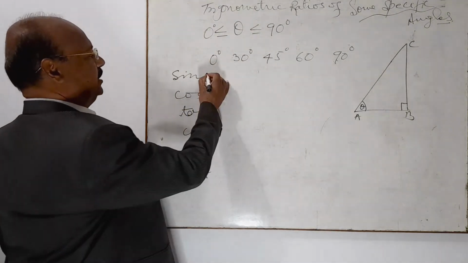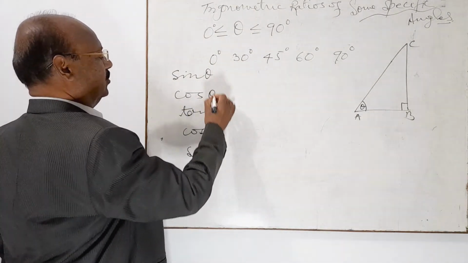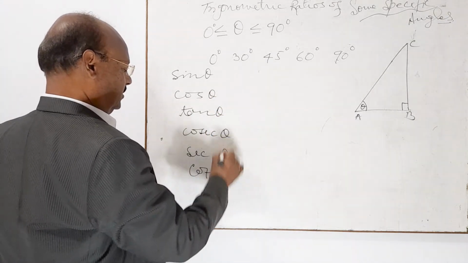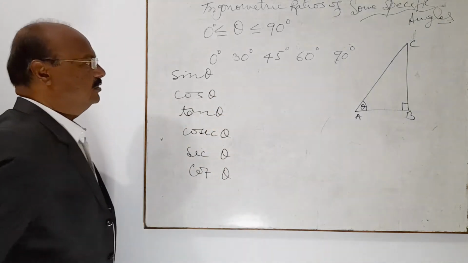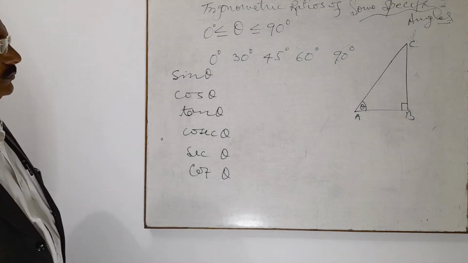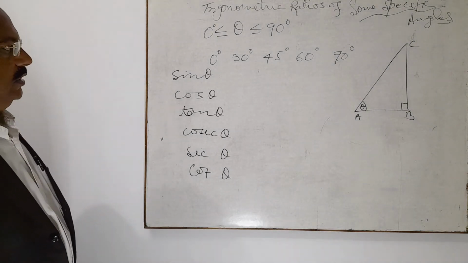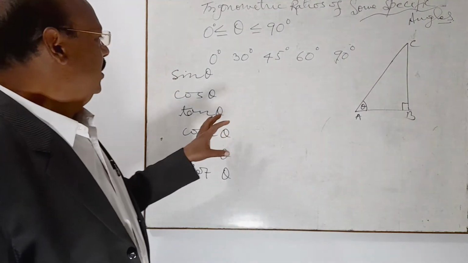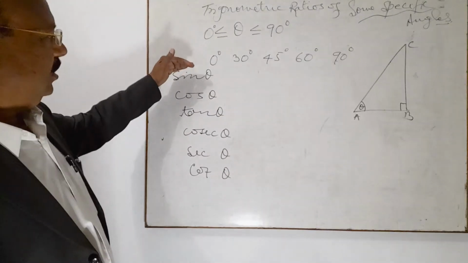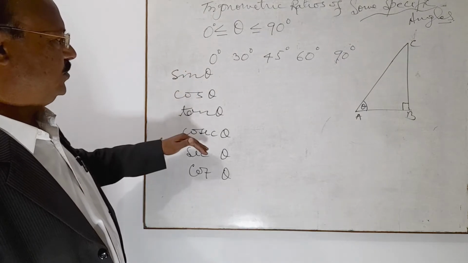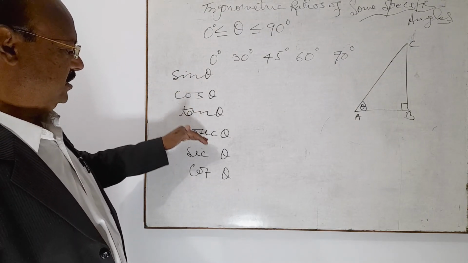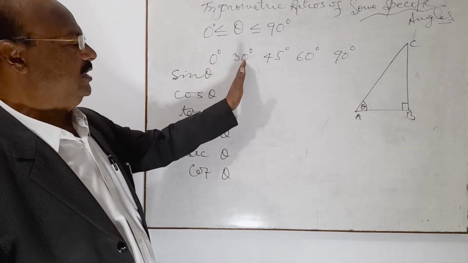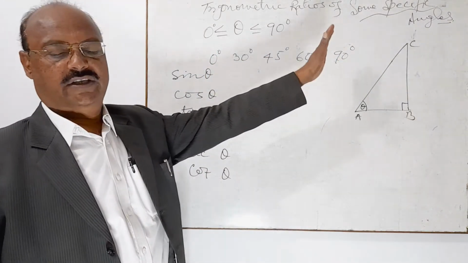Then we can write sine theta, cos theta, tan theta, cosec theta, sec theta and cot theta. So now we'll write down the values of all these trigonometrical ratios with respect to the angles 0, 30, 45, 60 and 90 degrees.